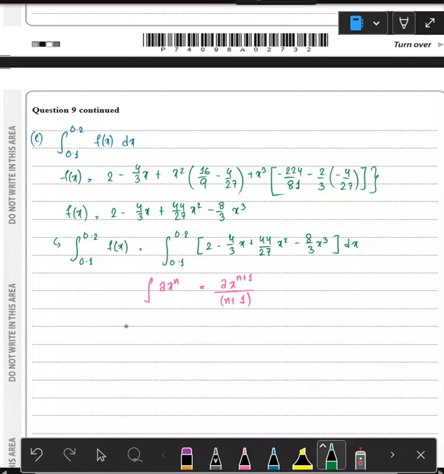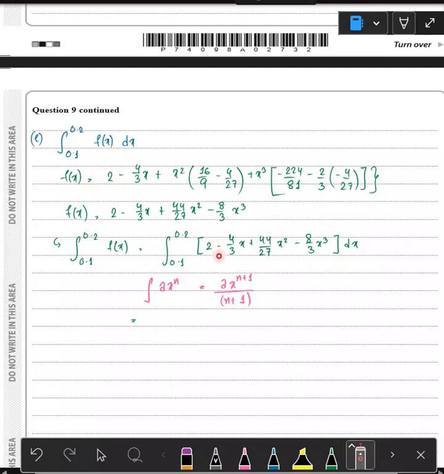So for integrating 2, at first I will integrate 2. So 2 here is just a is equal to 2. So a is equal to 2 and x to the power n. So what is x? You see there is no x here.